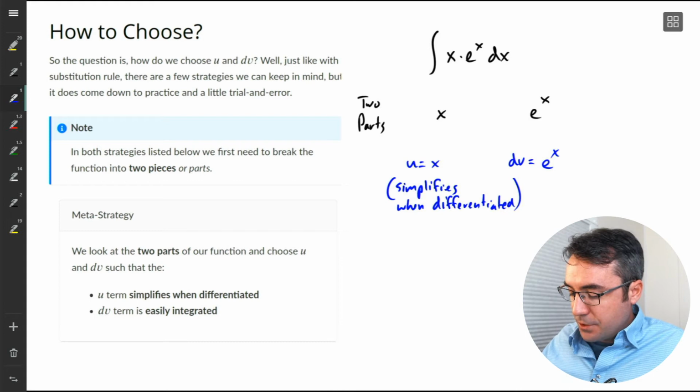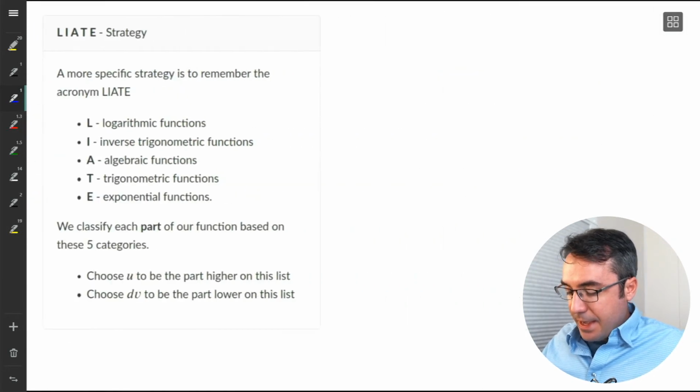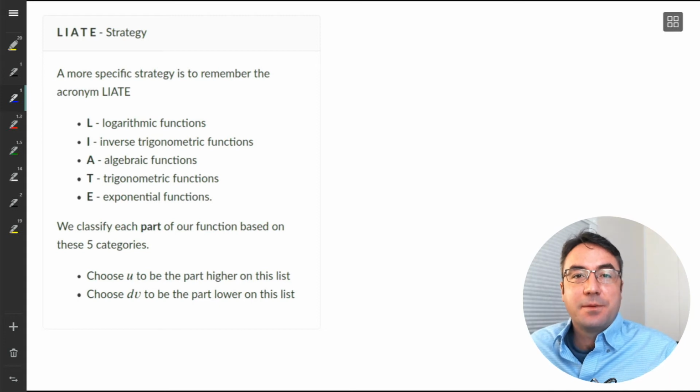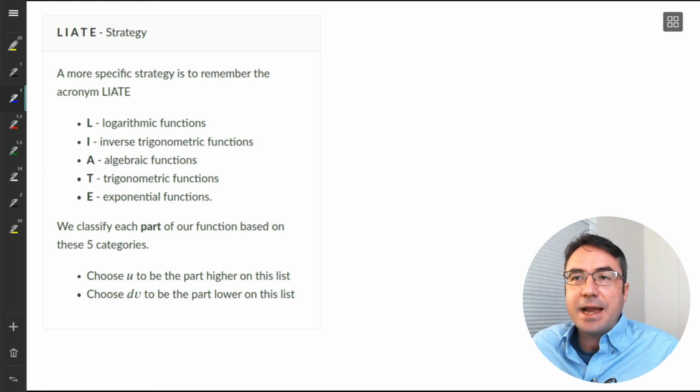Let's get a little bit more specific, and we use an acronym to help us remember how to choose u and how to choose dv. Again, this usually works, but there might be some cases out there where this strategy doesn't quite work, so we have to revise things a little bit. But the acronym is LIATE.